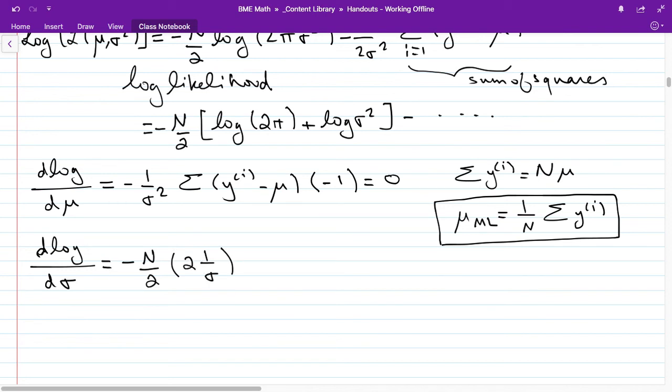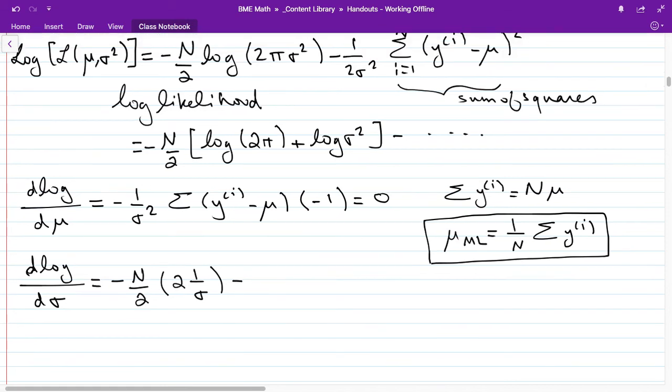That's the derivative of log of sigma squared. And then I'm going to have this term here, minus 1 over 2 sigma squared, whose derivative with respect to sigma is minus 1/2 times minus 2 times 1 over sigma cubed, times the rest of my equation, which doesn't have a sigma in it.